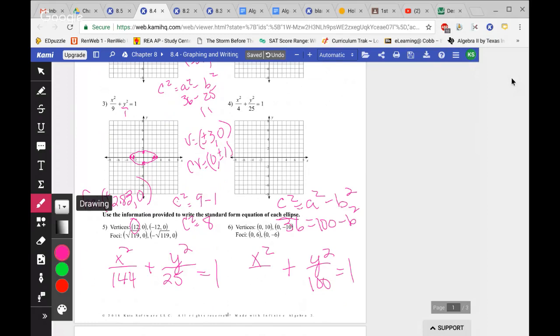So I'm going to take 36 and subtract 100 from it. That's going to give me negative 64 equals negative b squared. Divide both of those by negative 1 to get rid of the negative. So that tells me I've got 64 as my b squared. So my equation is x squared over 64 plus y squared over 100. Okay.